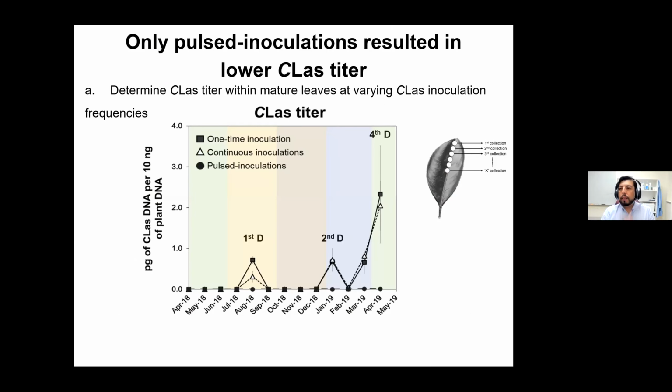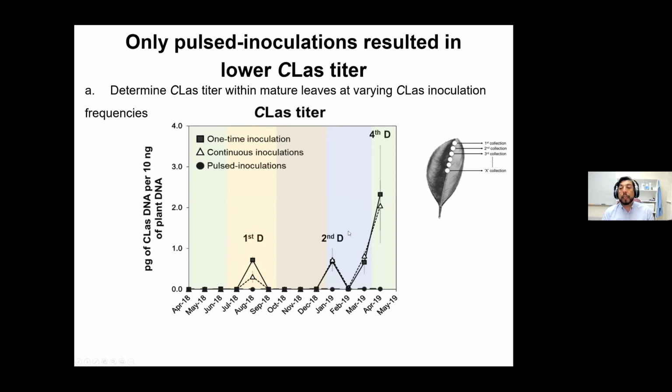And this is what we found. We found that for the bacteria, there are no differences between plants that were exposed only one time to infected insects. So there is a certain amount of bacteria that the tree can harbor, and it was the same as the plants that were exposed continually to this insect.